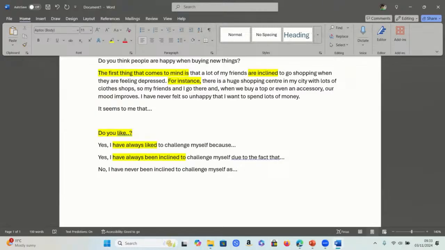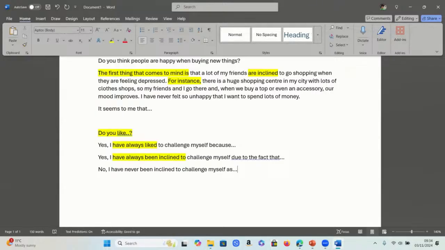So the first one, yes, I have always liked to challenge myself because it's good, it's fine. Why? Because it's a good start because you've got present perfect. The next one, yes, I've always been inclined to challenge myself due to the fact that it's better because it's the same good start in grammar with present perfect. However, you've improved the vocabulary with inclined to.